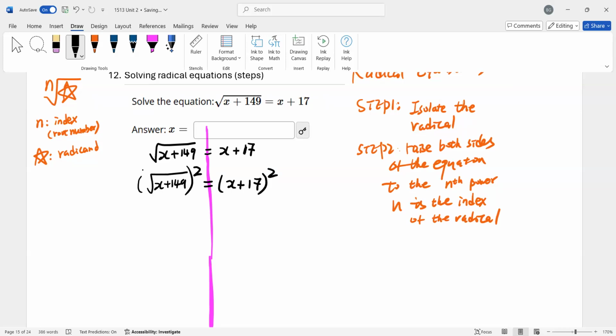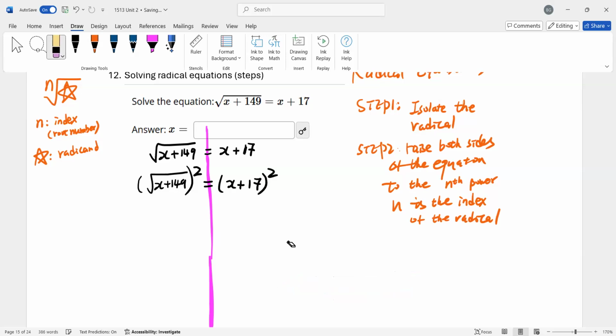Taking square root and squaring, those two processes are inverse of each other. We have been seeing this idea over and over again, right? When we talk about inverse functions, or when you are standing here, you walk to the right 3 steps and walk to the left 3 steps, those processes cancel each other.